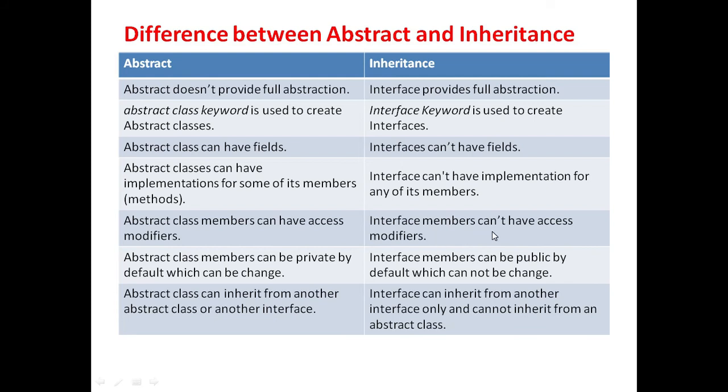Interface members can't have access modifiers. Abstract class members can be private by default, which can be changed. Interface members can be public by default, which cannot be changed. Abstract class can inherit from another abstract class or another interface, whereas interface can inherit from another interface only and cannot inherit from an abstract class.